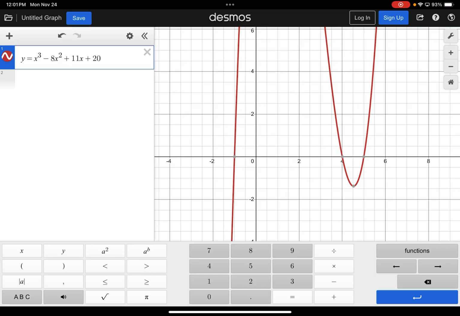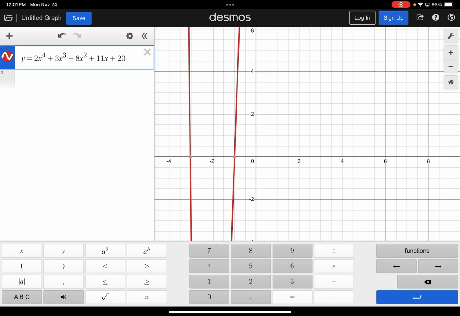We type in our function. So 2x to the 4th plus 3x cubed plus 4x squared plus 9x minus 6.